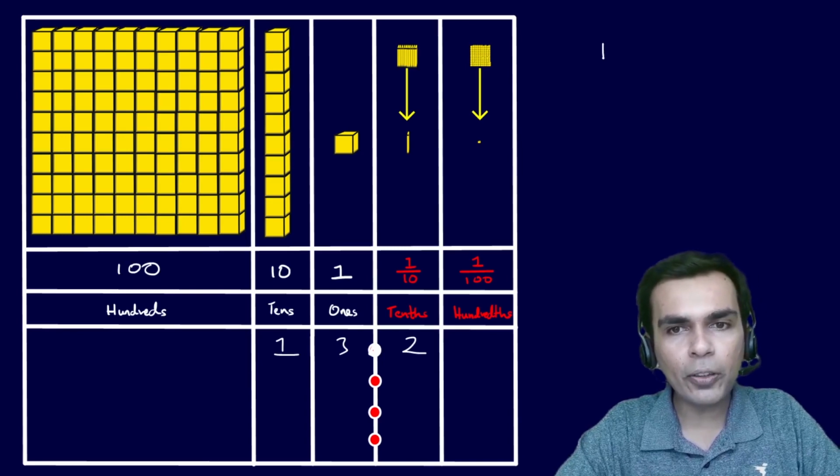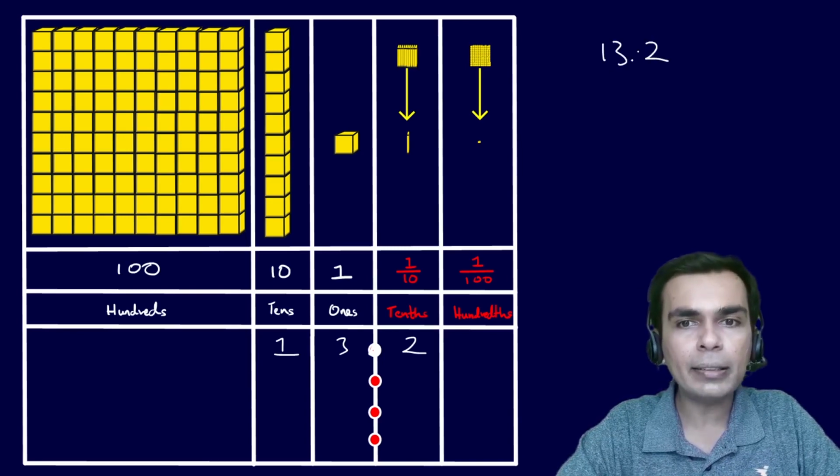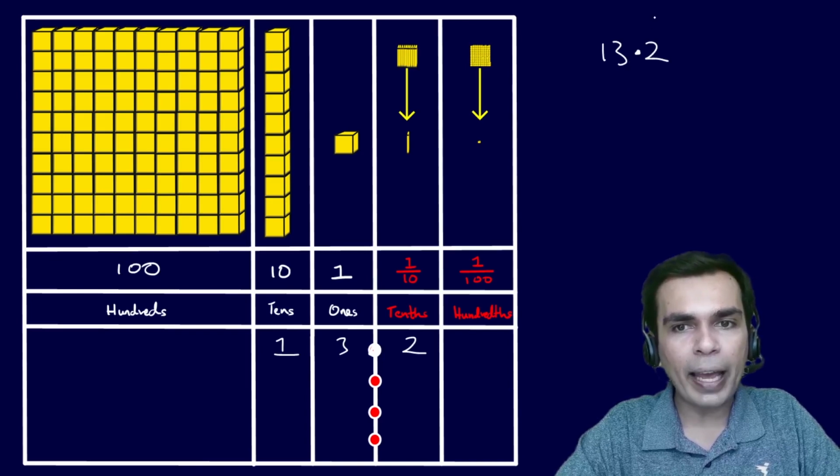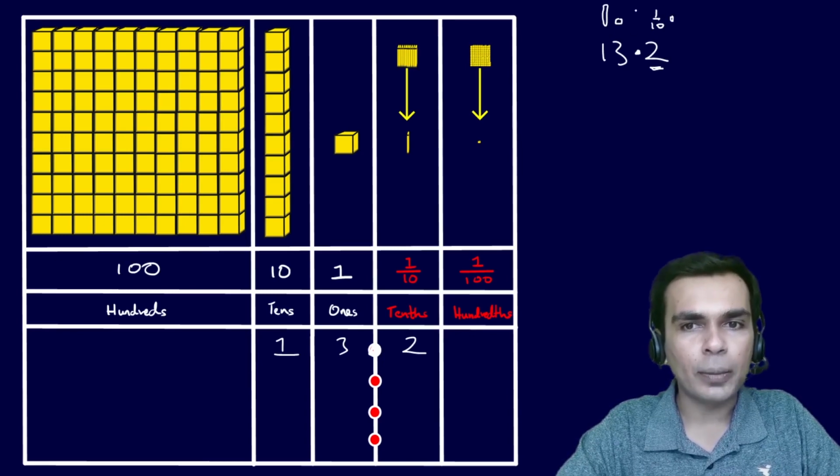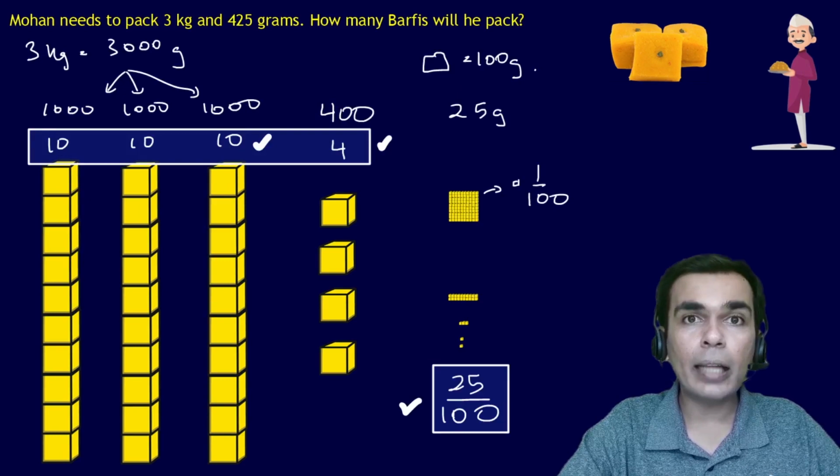So even if I were to write 13.2, you must understand that point here, the decimal point. To the right is a fraction, which is 1/10. How many tenths? There are 2 tenths. And this is, of course, one whole. This is 1/10. And this is 1/10, which would be, I would say, of the size this much. So it's a fraction.